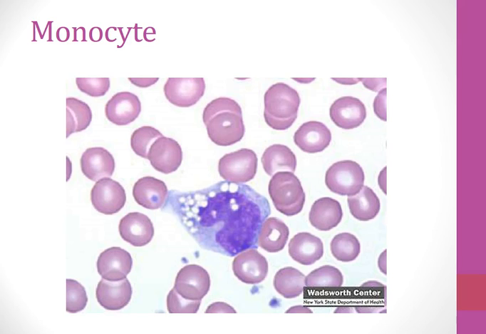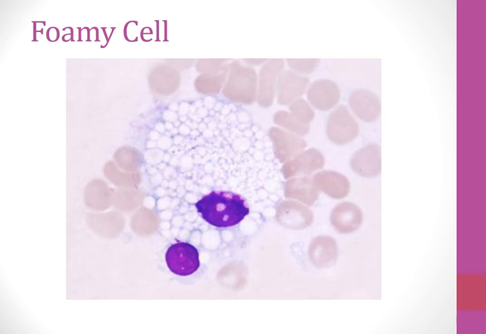A monocyte is referred to as a monocyte, and when it travels to the tissue out of the veins or arteries, the name changes to a macrophage or a histiocyte. And this is called a foamy cell, but it's kind of what a macrophage looks like when it gets to the tissues.